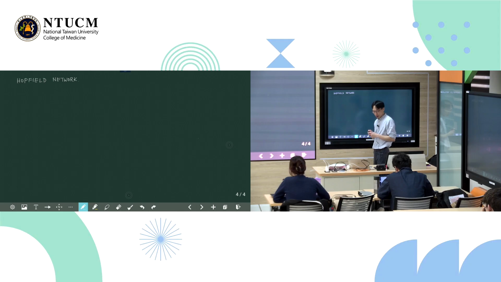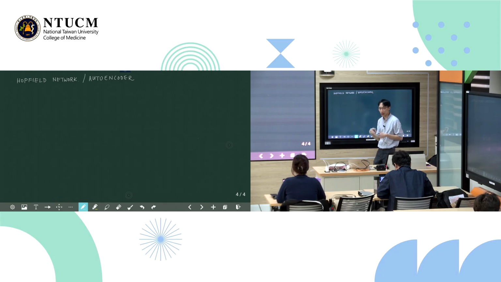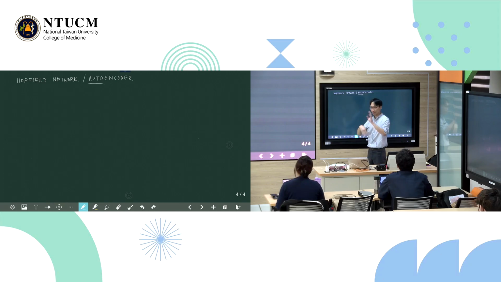All right, so the Hopfield network, the Nobel Prize winning work, you can also think of it as an autoencoder. By autoencoder, we literally mean that it tries to encode itself.